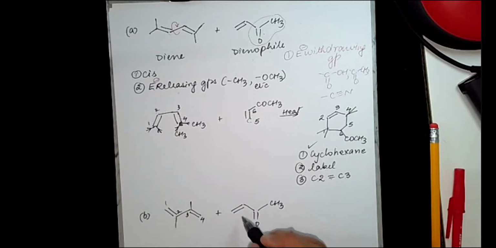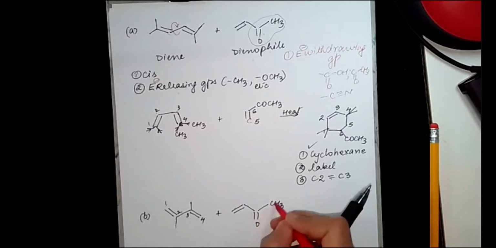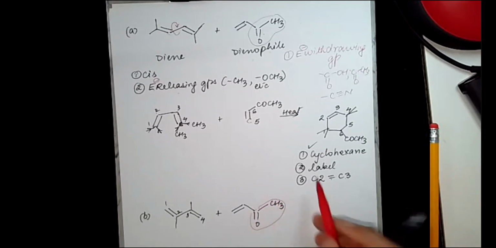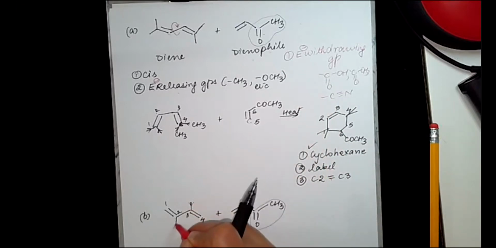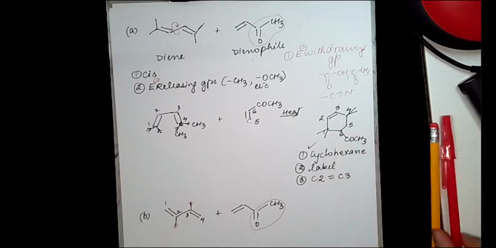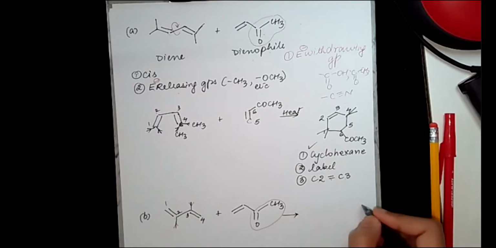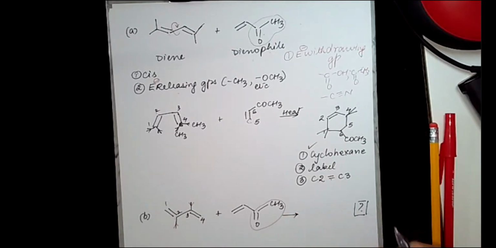Right? So I know where my dienophile is. This is going to be my dienophile's electron withdrawing group. These are my electron donating groups. And when I will do heat, what is the product that I'm going to form?